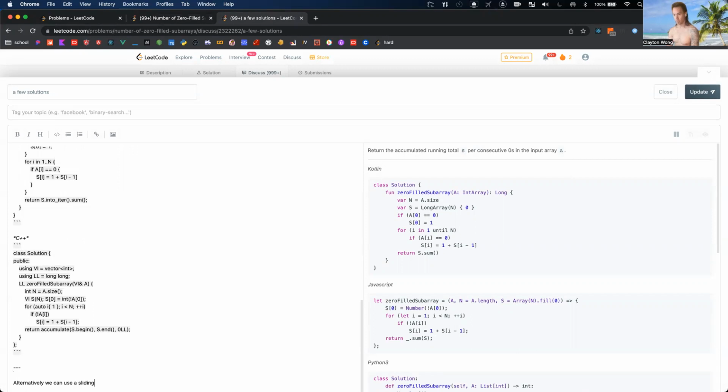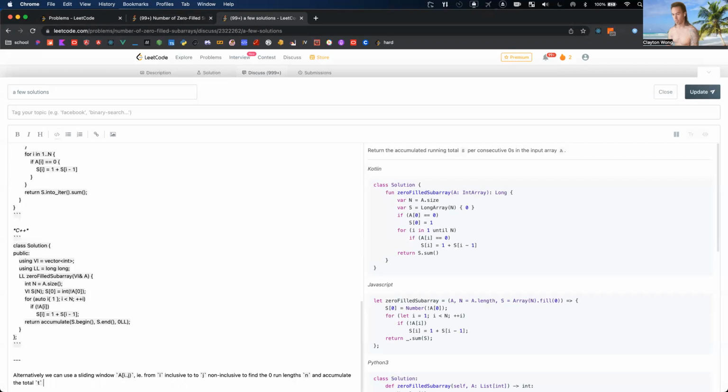Right, use a sliding window, i and j, from i inclusive to j non-inclusive, to find the run lengths, the zero run lengths, and accumulate the total t via the sum of series, right?